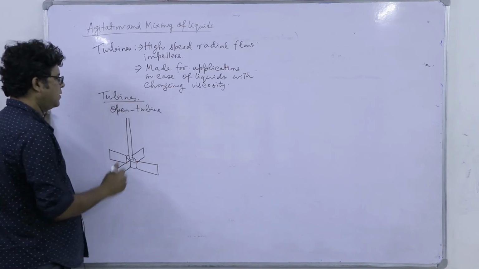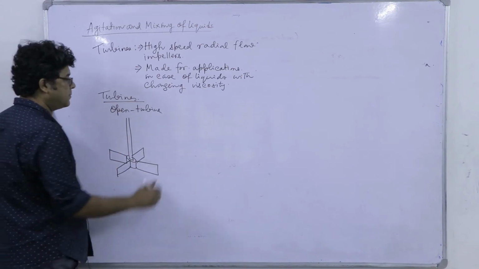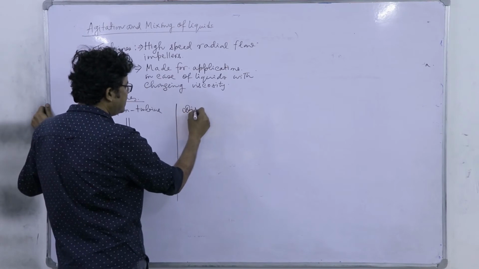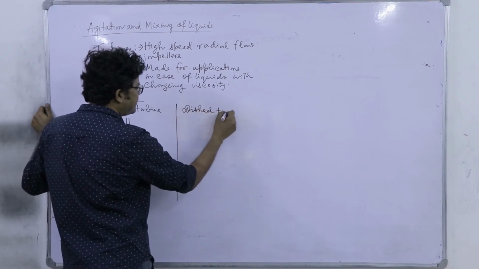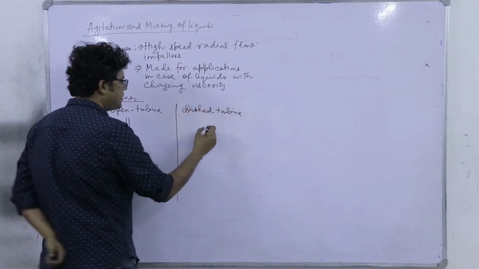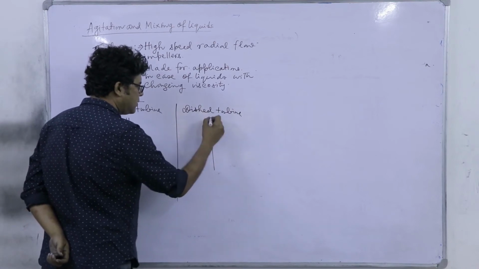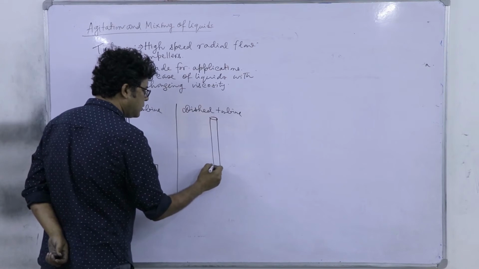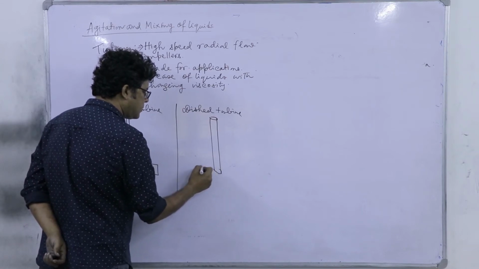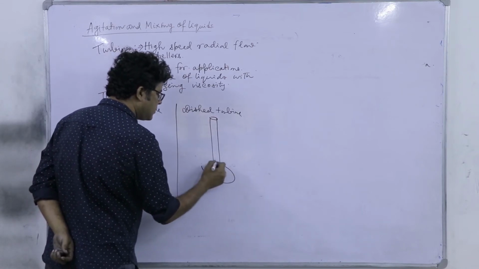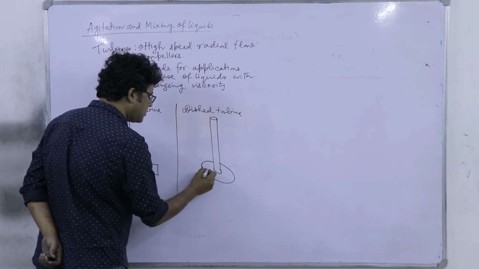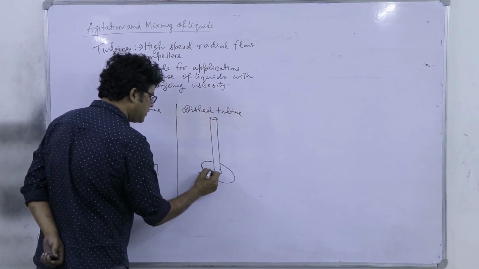Right. So this is the typical open turbine. So you can have dish turbines. Dish turbines look like this.